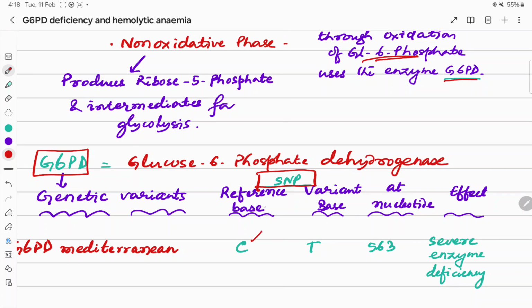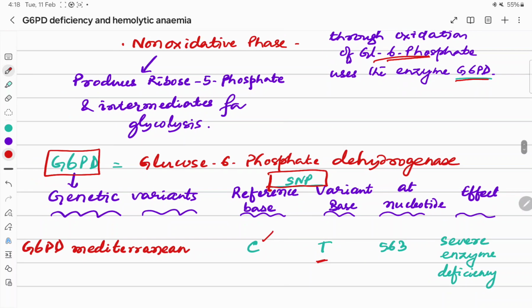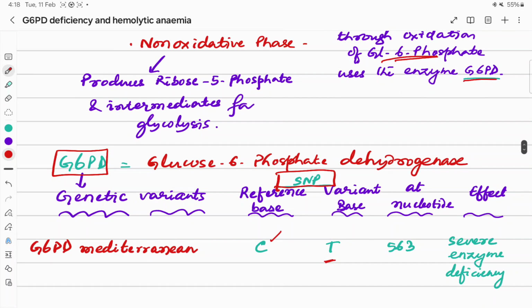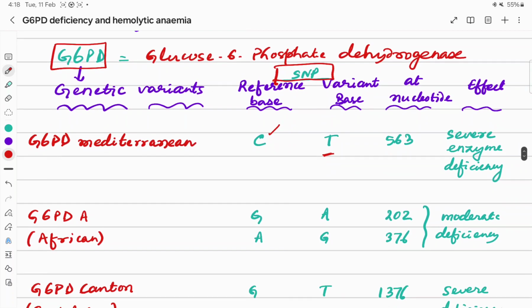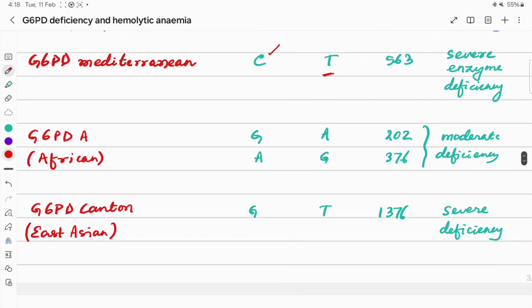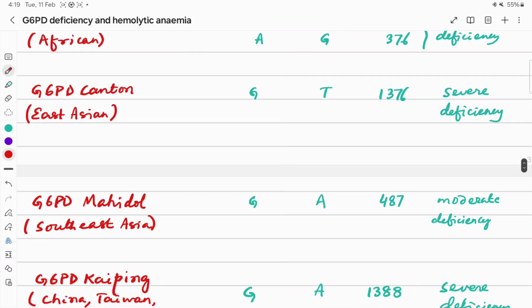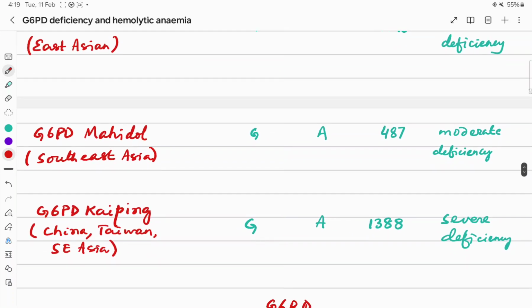So we'll have written here the reference base and the variant base, at which nucleotide this variant base alteration occurs and what is the effect because of this variation. So glucose 6-phosphate dehydrogenase shows single nucleotide polymorphism, and there are genetic variants like G6PD Mediterranean, G6PD African, G6PD Canton, G6PD Mahidol, G6PD Kaiping.